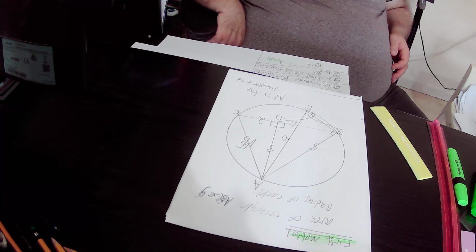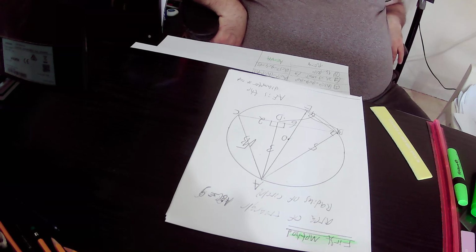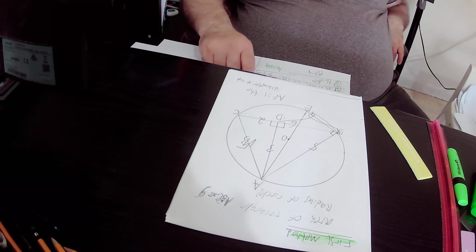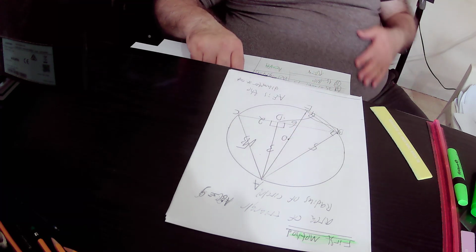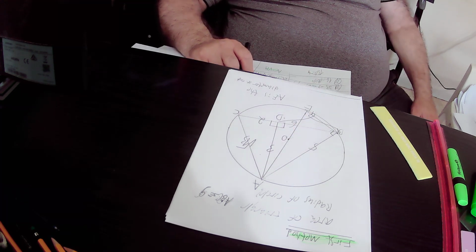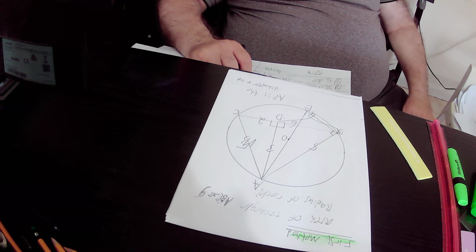We also have a second rule that states that if two peripheral angles rest on the same chord, they are equal to each other. If you focus on chord AB, we have two peripheral angles that rest on chord AB.